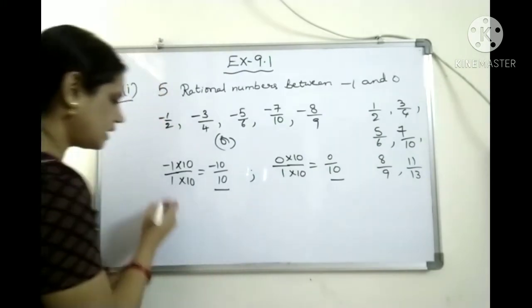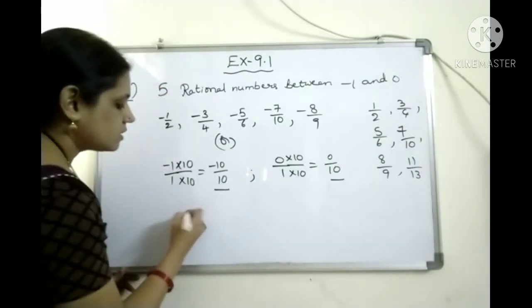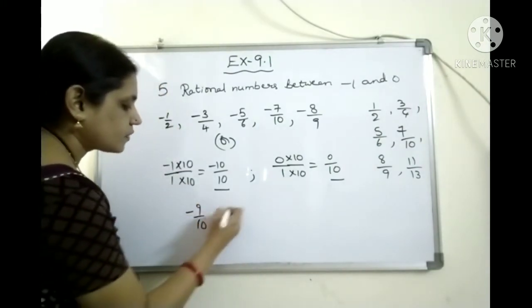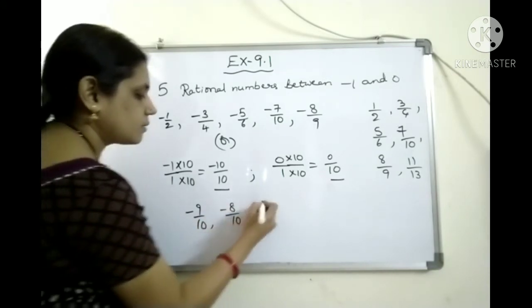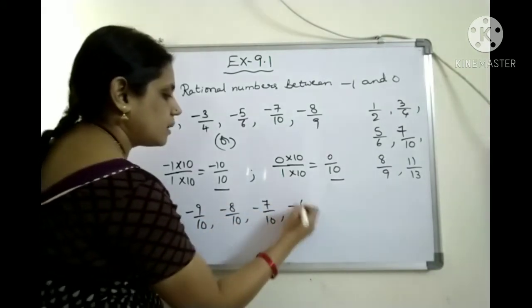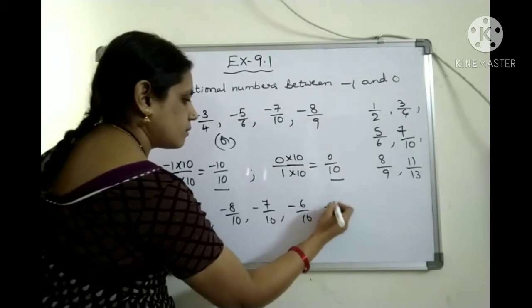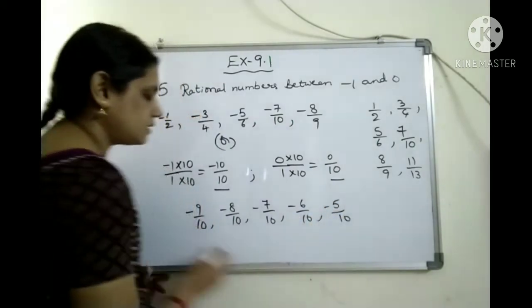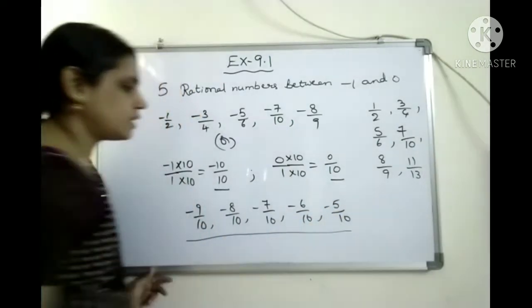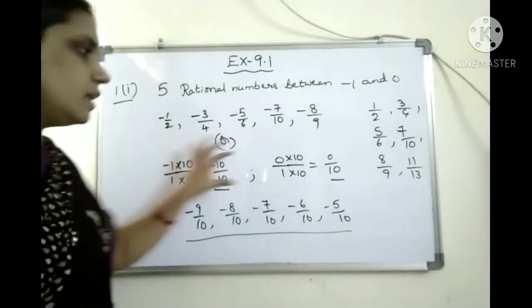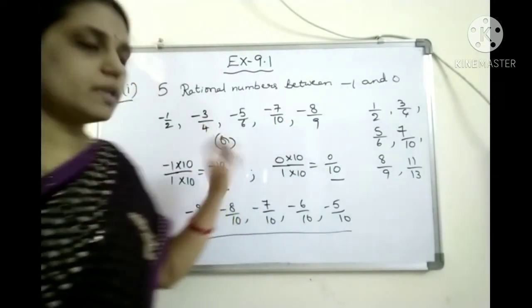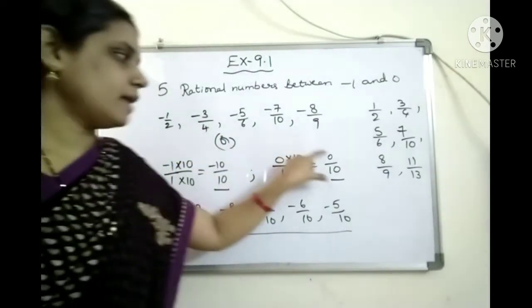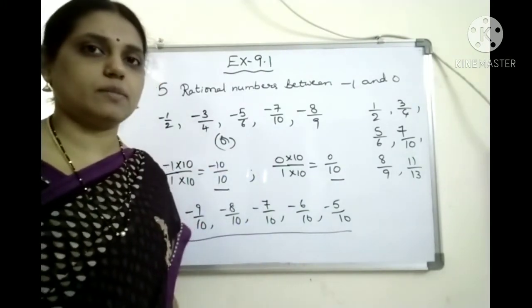So what can be taken? Any 5 actually we want. So -9 by 10, -8 by 10, -7 by 10, -6 by 10, -5 by 10. Like this any 5 rational numbers we can write between -10 by 10 and 0 by 10. But that means what? -1 and 0. This is another method.